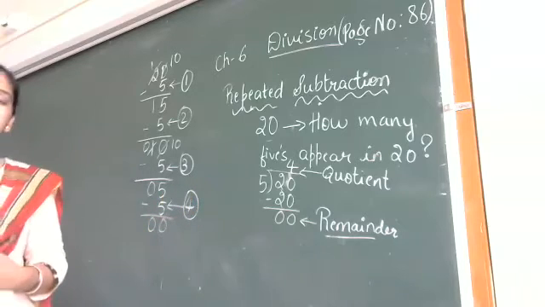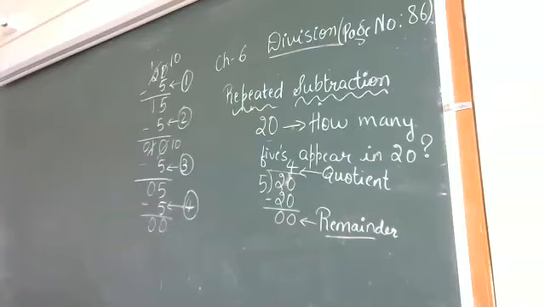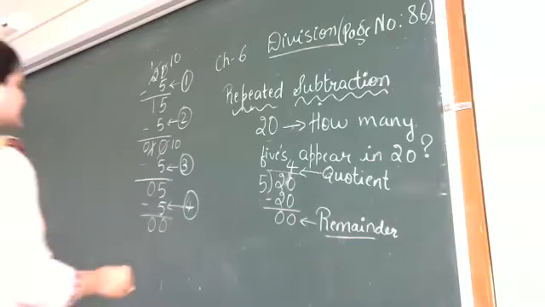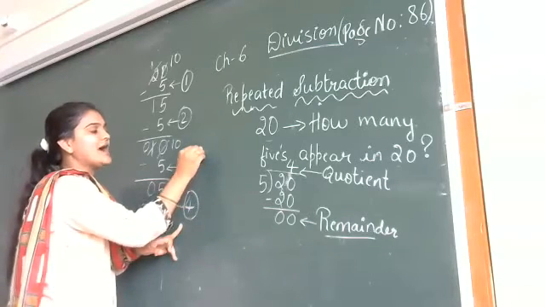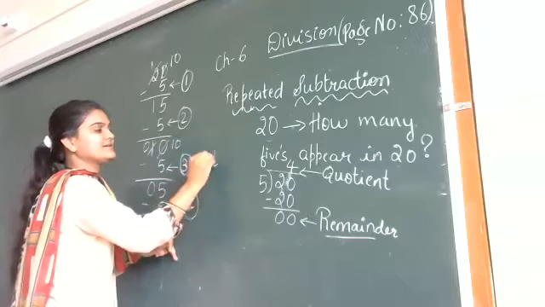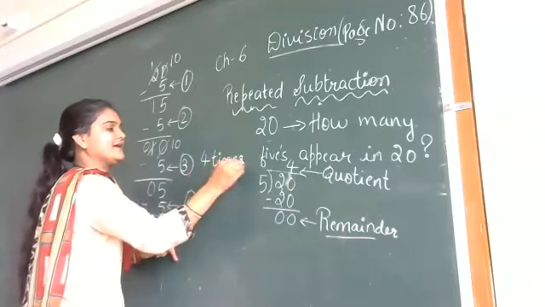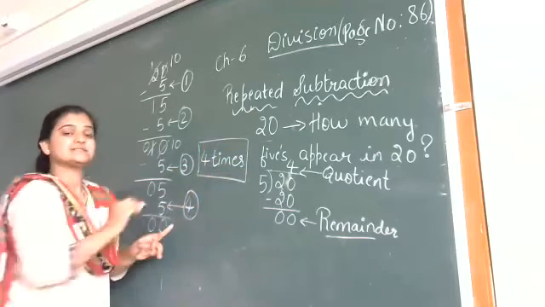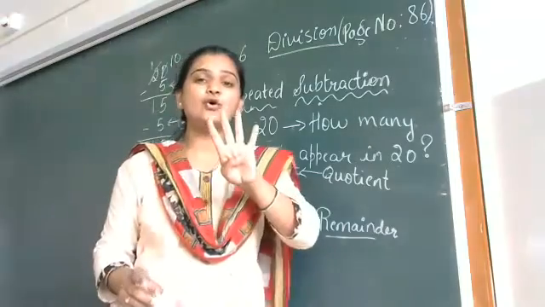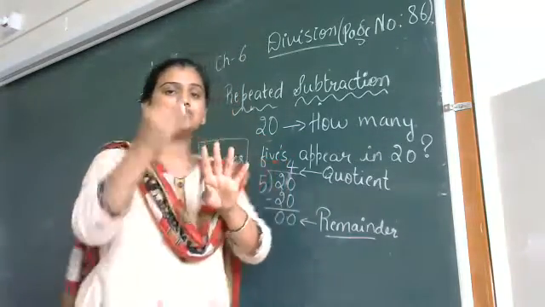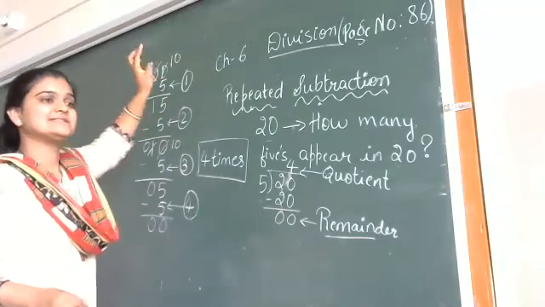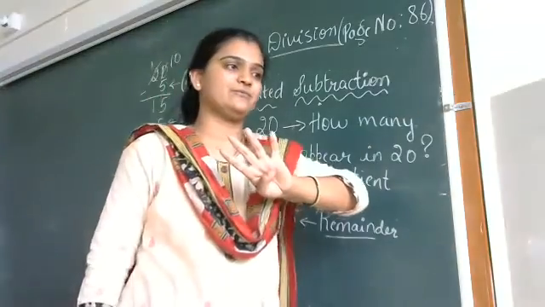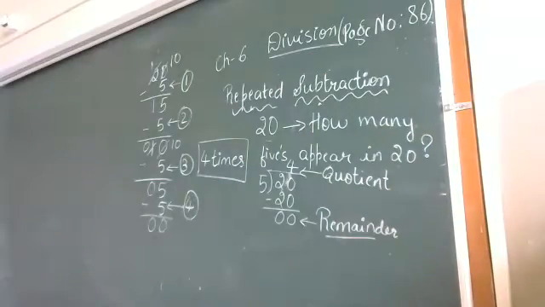So how many times have we subtracted 5 from 20? 4 times. Yes. So the answer is 4 times. After subtracting, we have seen that we can subtract 4 times 5 out of 20. Children, please mute.